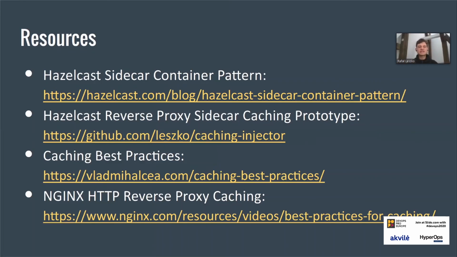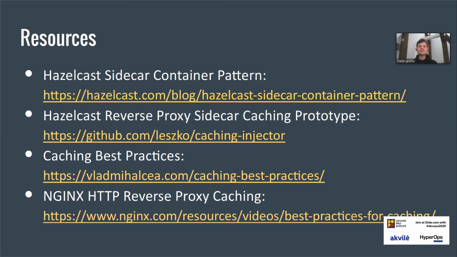Now, as the last slide, a few resources I recommend. The first one is our blog post on how to use Hazelcast as a sidecar container. The second one is this reverse proxy sidecar caching prototype, again from Hazelcast. The third one is the caching best practices.